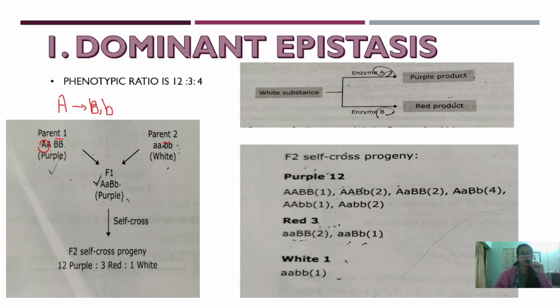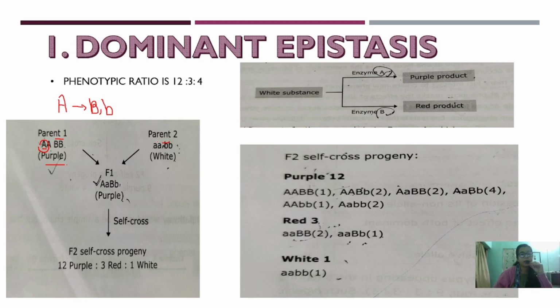Due to this, the phenotypic ratio will be 12:3:1. How is it 12:3:1? Let's see. Here the parent, purple color will be formed because A is present. So remember, wherever A is present, purple color will be formed.